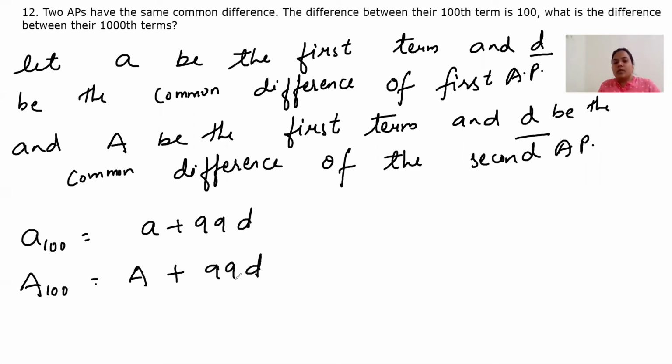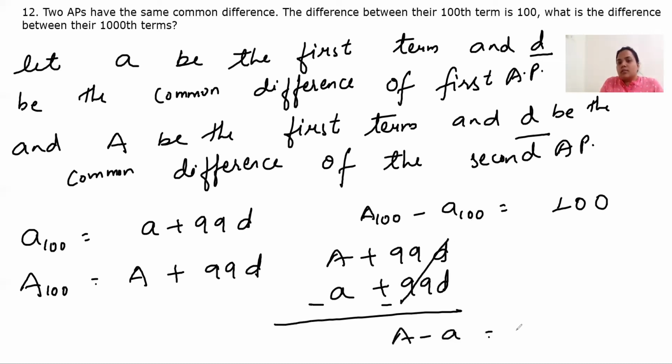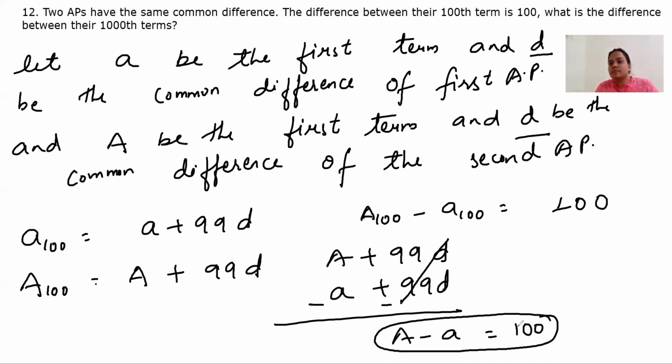It is given that the difference is 100, so A100 minus capital A100 is equal to 100. Now I'll subtract, the 99D will get cancelled. So capital A minus A is 100.